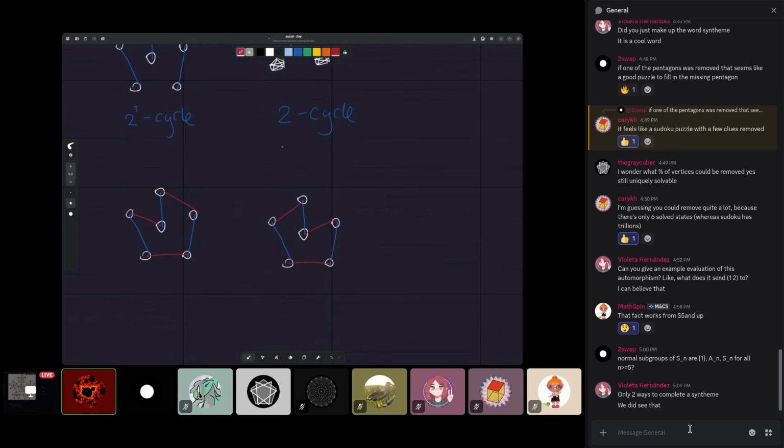Those are the only possibilities. And if you apply this blue 2 cube cycle, I think you'll find that these two get swapped. Is that right? No, it isn't, is it? Doesn't seem like it. No. What do you get?